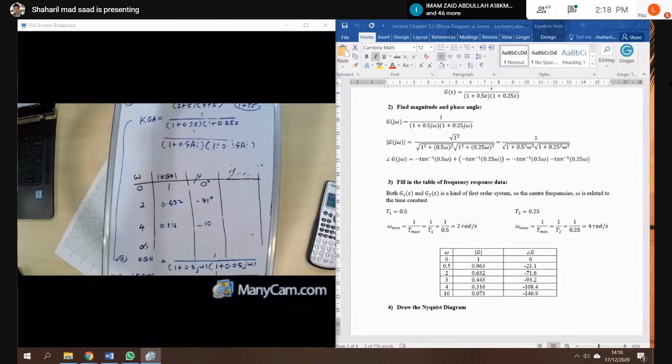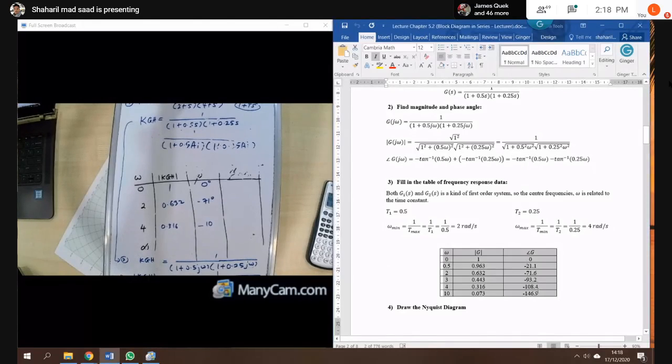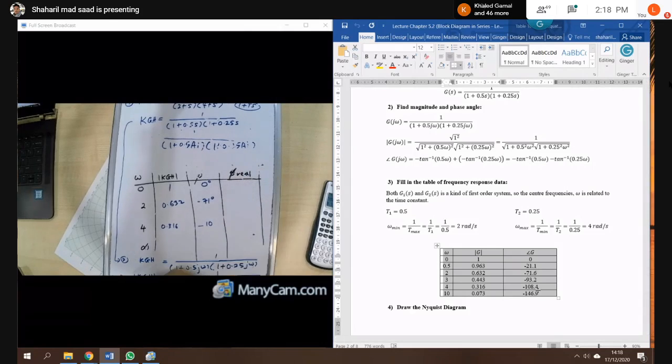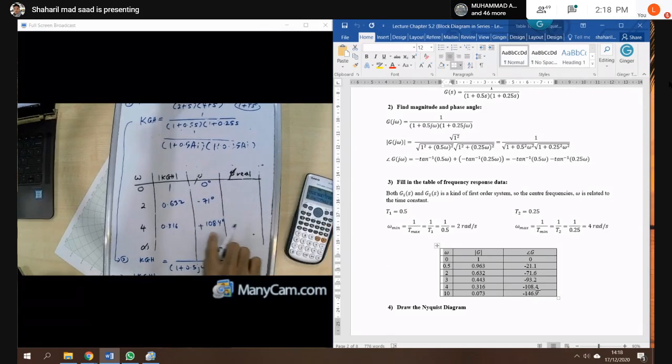Okay, so now we proceed to here. So you got all these values when you look at the table that I showed you. Why in this other column do I have the real phase? Because sometimes when you use your calculator, you get a positive value, maybe positive 108.4 degrees.